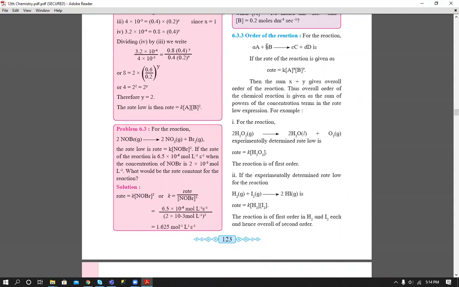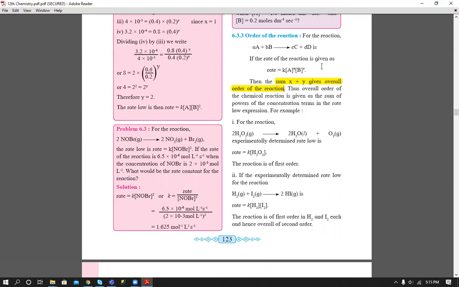So this is a general reaction, and the rate law for this is written with concentration of A with power x and concentration of B with power y. The square bracket represents concentration. The total sum x plus y gives the overall order of reaction. This is the general formula to find the order of a chemical reaction. There are three questions.